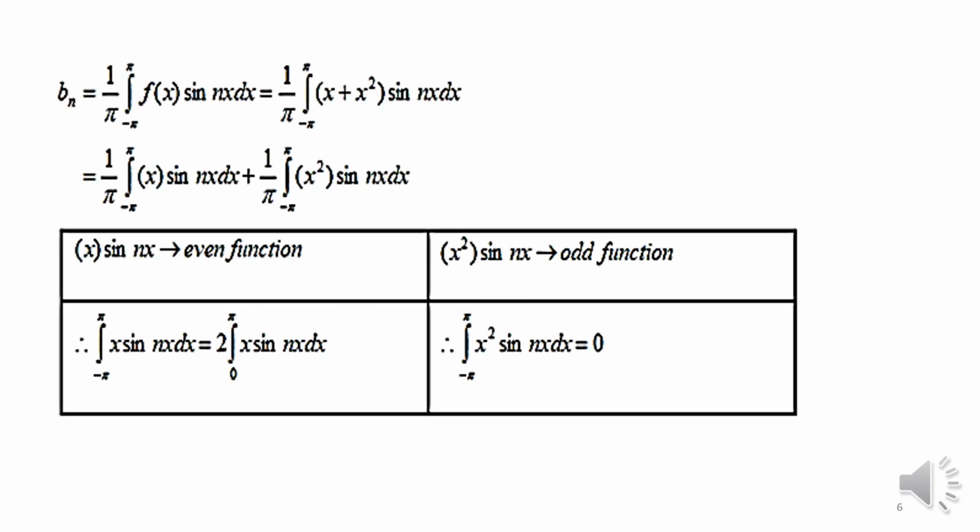So b n is equal to 1 by pi, minus pi to pi f of x sin nx dx, and you have to split it into x sin nx dx and x square sin nx dx. Substitute the values.